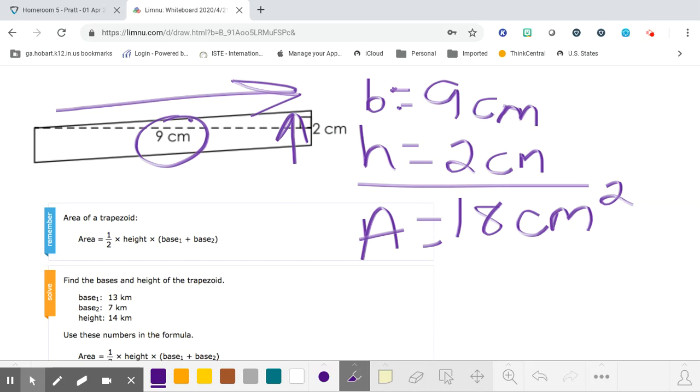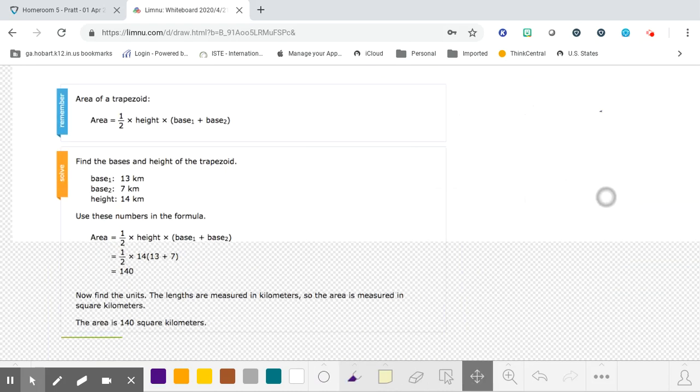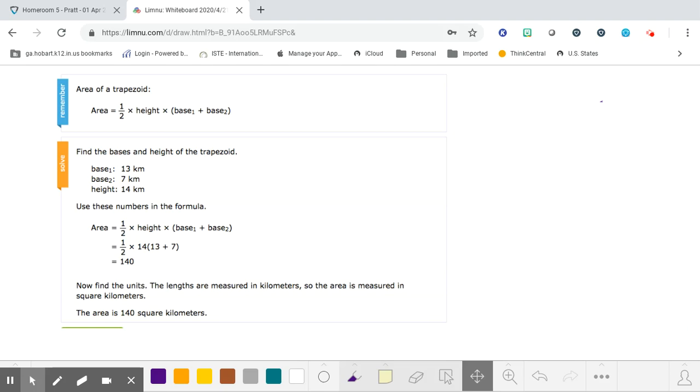So now we're going to move on to the area of a trapezoid. All right, so the area of a trapezoid has a few more steps to it. And it's very similar to how we found the area of a triangle.